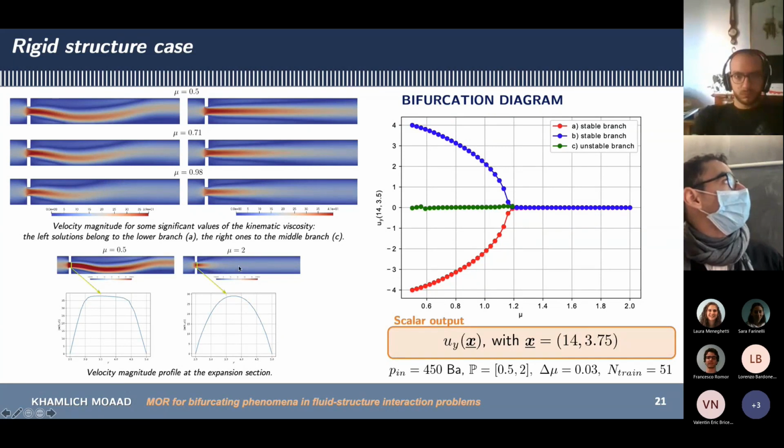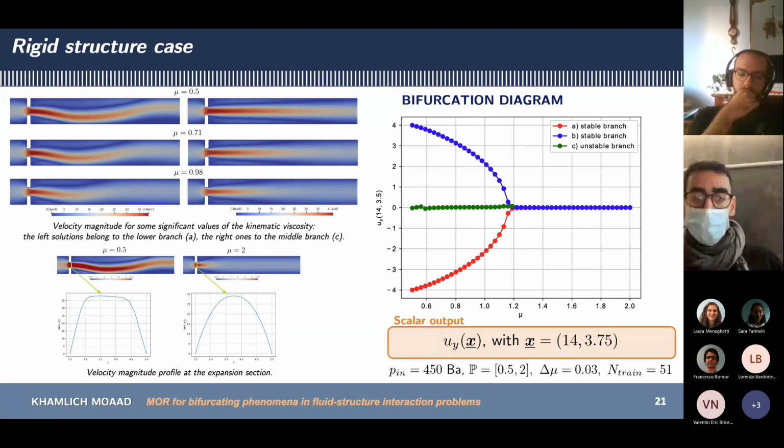The symmetric one keeps existing but changes nature, so it becomes unstable. Whereas we have two new solutions, which exhibit a wall-hugging jet. And the important thing is that the algorithm we've used to follow each of these branches is the same. The only difference is the direction of exploration of the parametric interval.